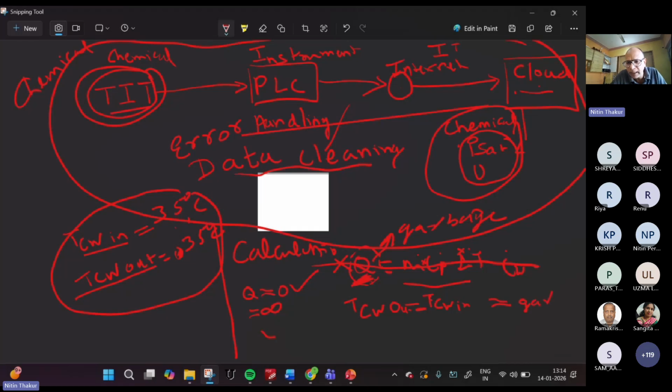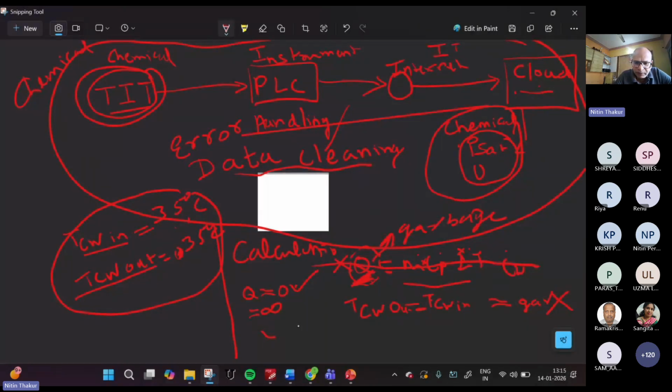Don't even calculate the Q, because we know that it will be 0 and it will be garbage. So directly delete that data. Don't even consider that data. So this thing is defined by a chemical engineer. This is where there is a role play of the chemical engineer.